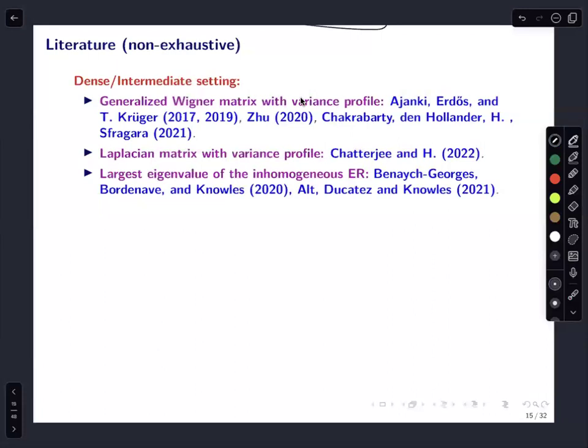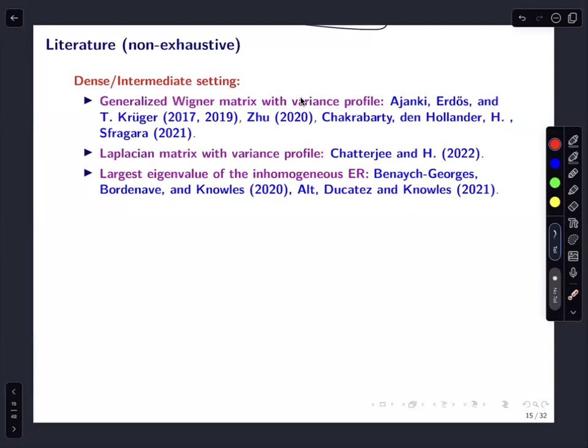When you look at the dense and intermediate setting, you have to use some of the classical random matrix techniques, and these were recently introduced also when dealing with finer properties of the eigenvalues, by Ajanki, Erdos, and Kruger in 2017, and there was a huge paper in 2019.